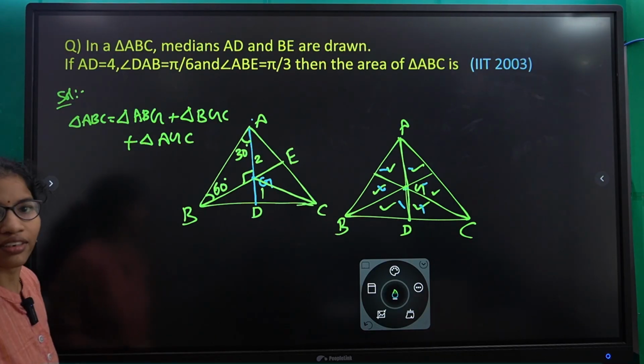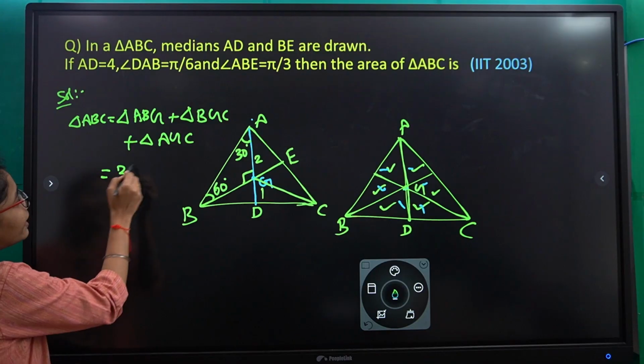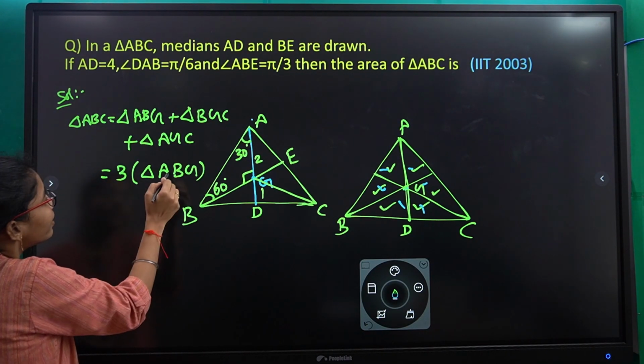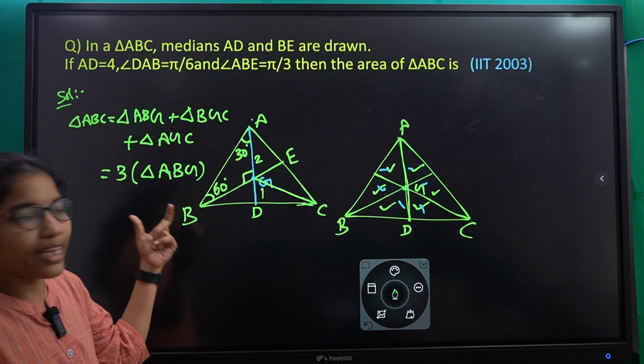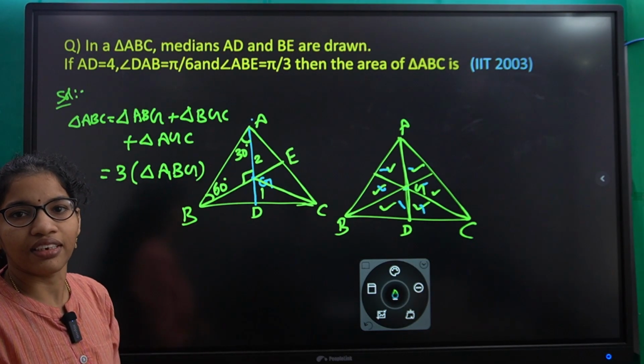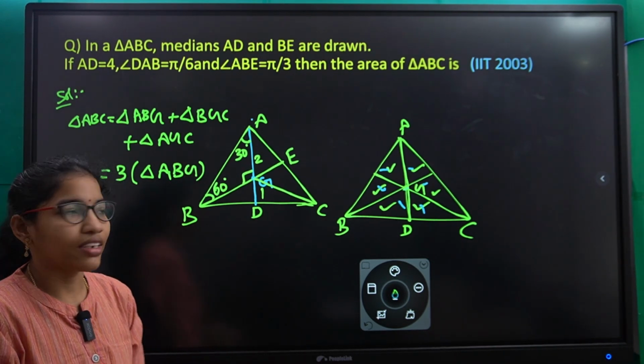All the three areas are equal, so I can write area of triangle ABC as 3 times area of triangle AGB. Clear? Right. So how can you find the area of the triangle AGB here?